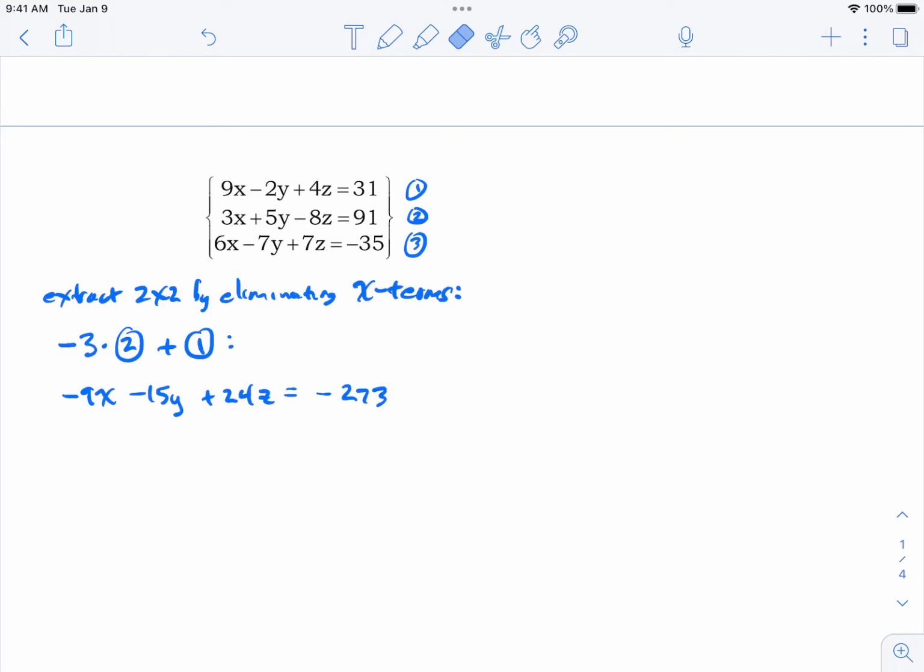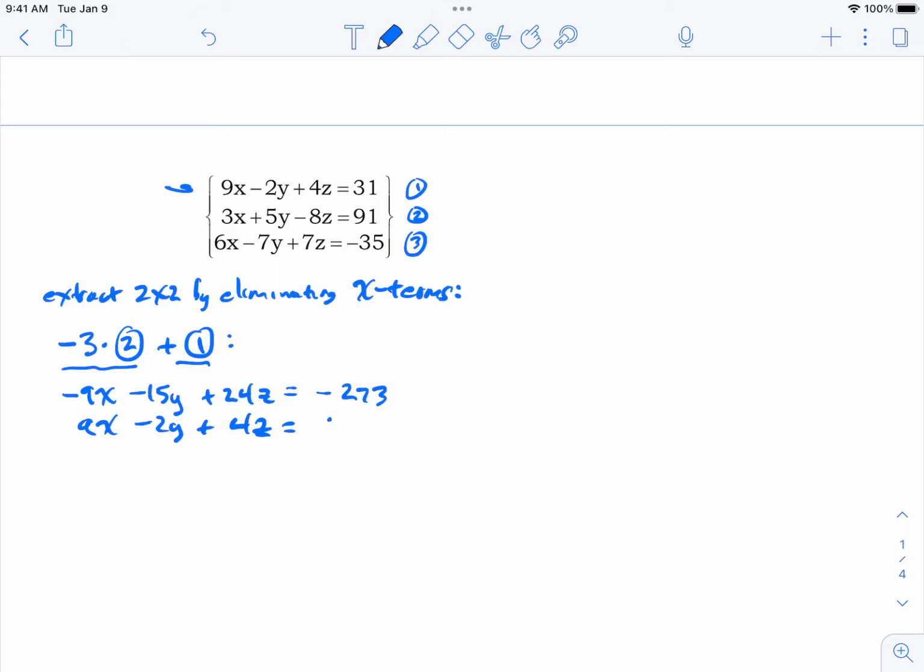And then I'm going to add. That's negative 3 times equation 2 right there. Now I'm adding equation 1 as is, which means I'm just reading across here and copying it. 9x minus 2y plus 4z equals 31.